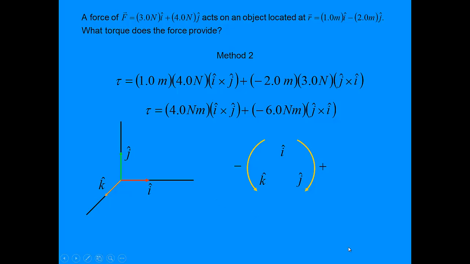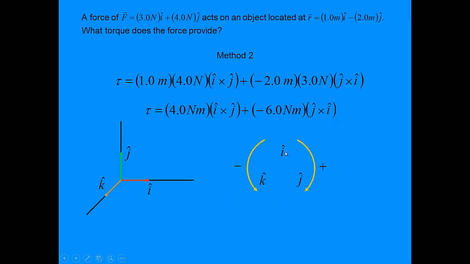Now, when I learned this back in freshman year of college, 1987, this is what my professor taught us to help us remember how to deal with I, J, K. Okay, so let me explain what this is. If you take I, J, and K and you write them down in alphabetical order, right, a little triangle like this, if you're going around this way, you get the next one positive.